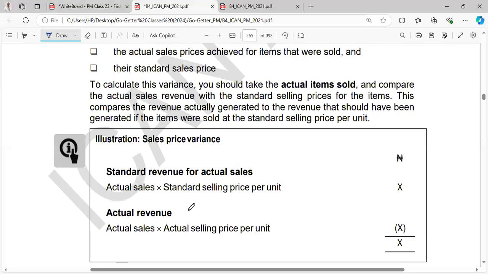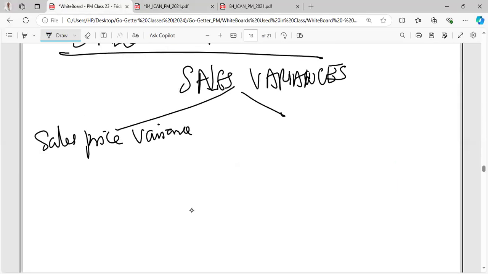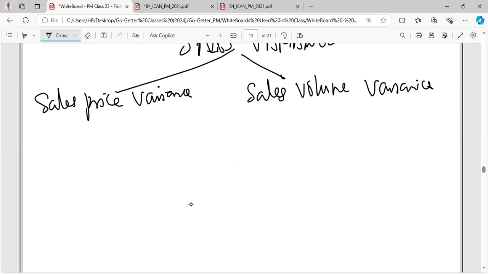So you are looking at volume, you are remembering the fixed cost volume variance. So this is sales volume variance. Now in the case of sales price variance, let's take this one down here.